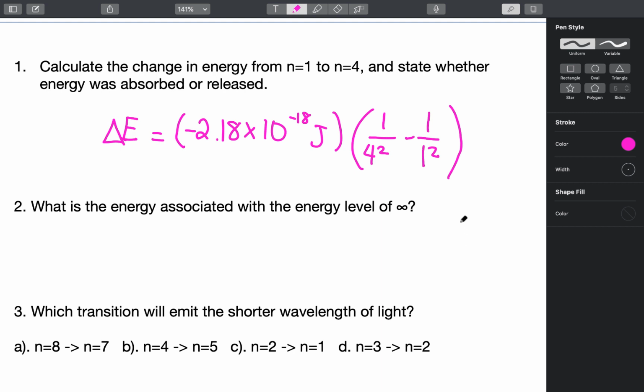And when you plug this in your calculator and conserve the number of sig figs, so in this case 3, delta E would be equal to 2.04 times 10 to the negative 18th joules.